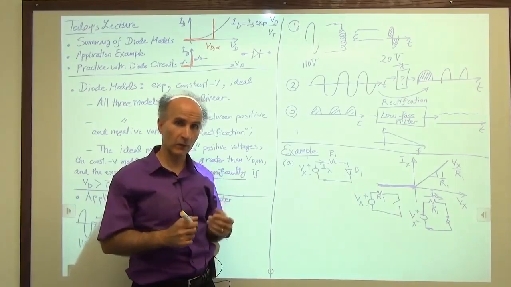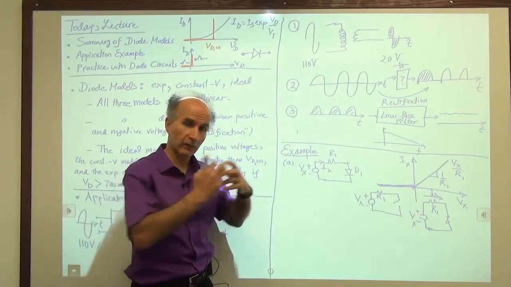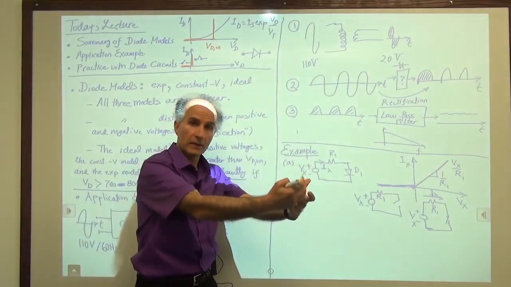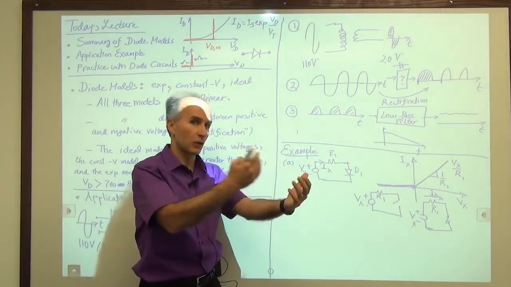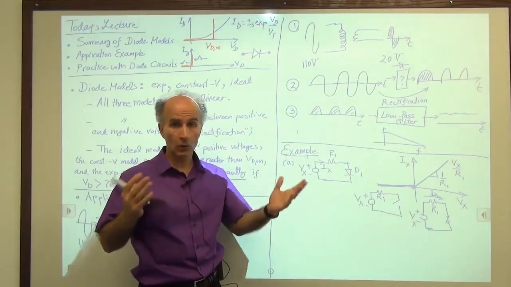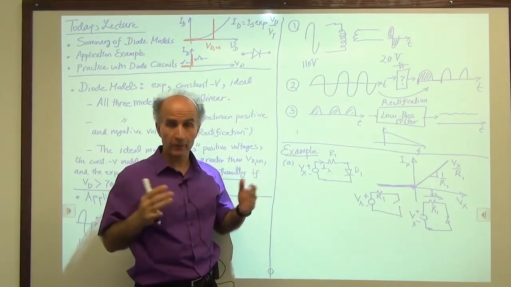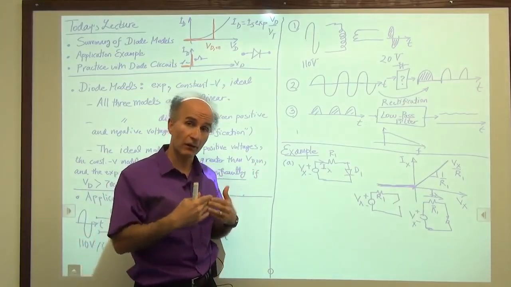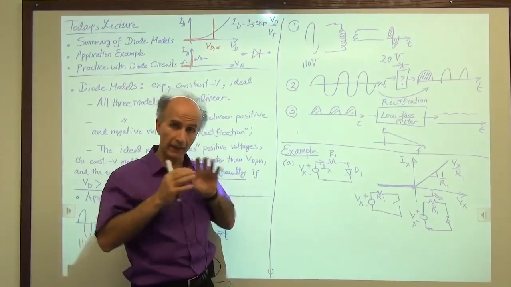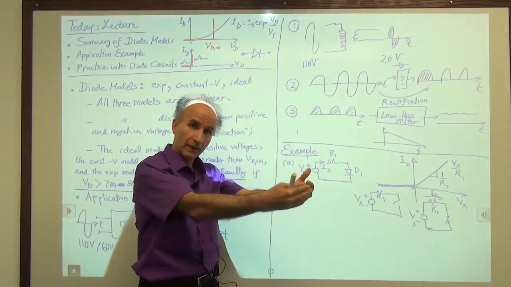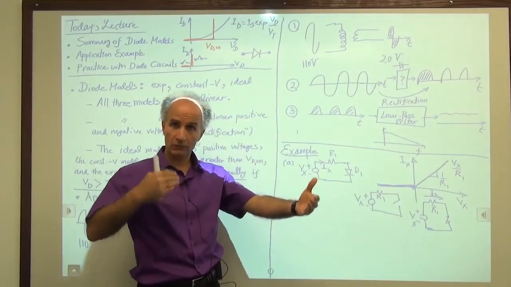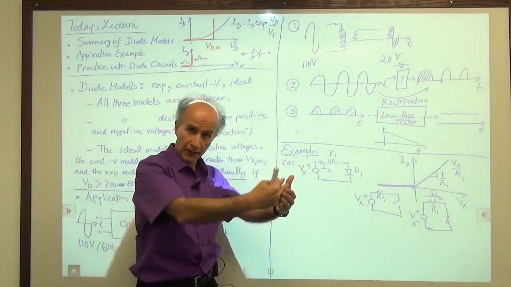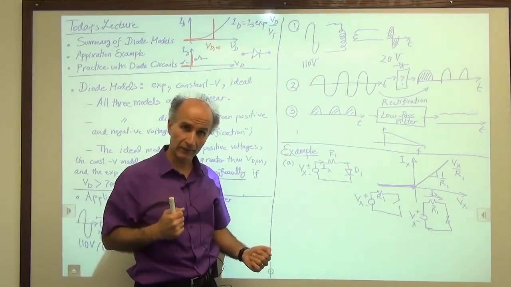So, for example, we assume the diode is on, we calculate everything, and we obtain the currents, and we check. If the currents make sense, then sure, the assumption was correct. Or if, for example, by accident, we assume the diode is off, no problem. We carry out the calculations all the way to the end, and then see what we get. If the result agrees, the assumption is correct. If it contradicts, then the assumption is incorrect.